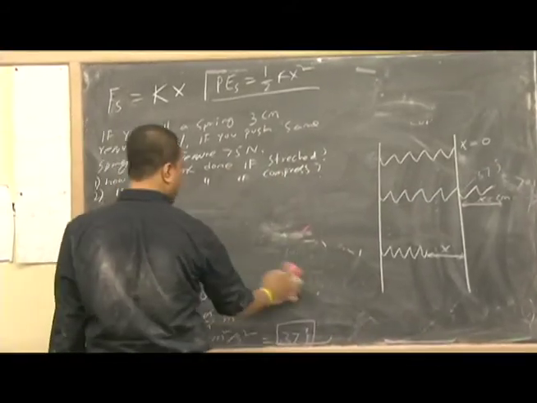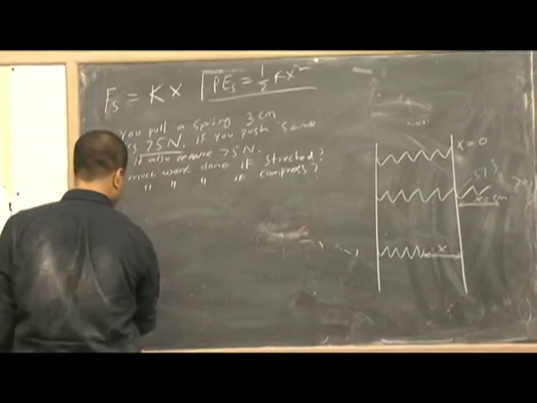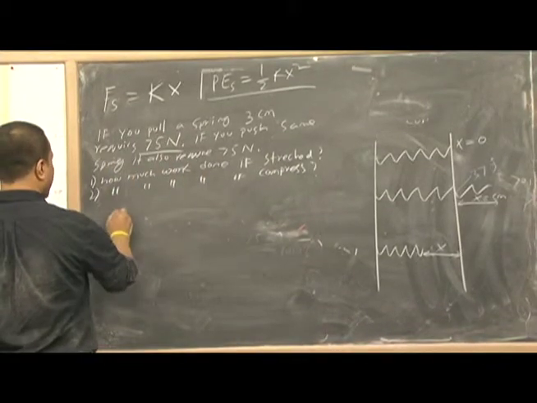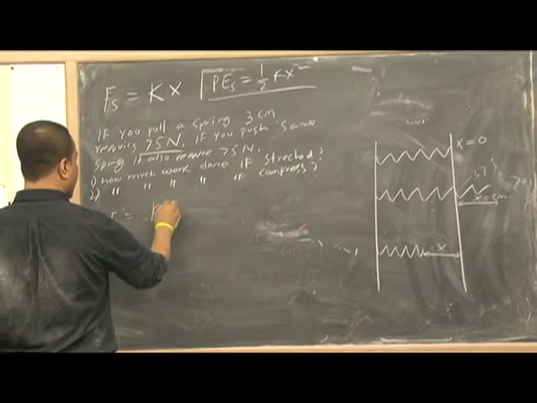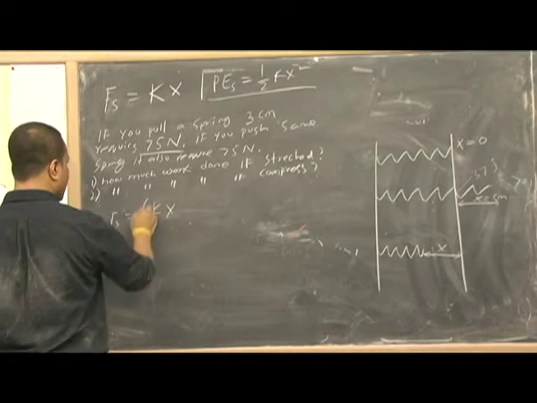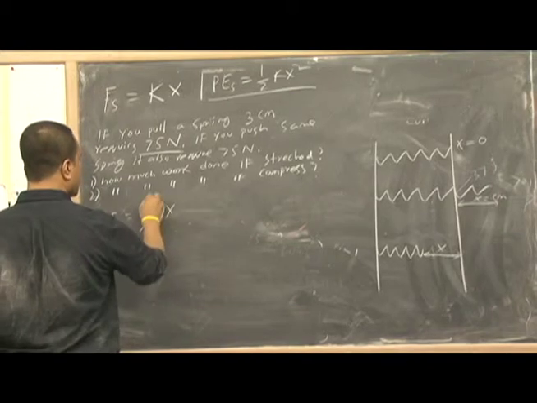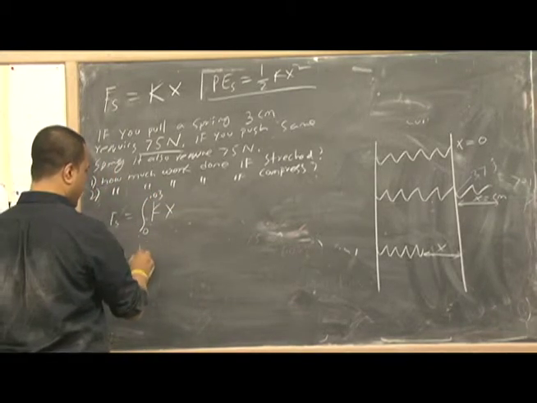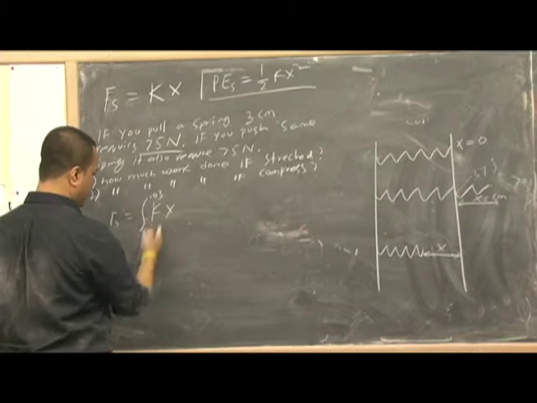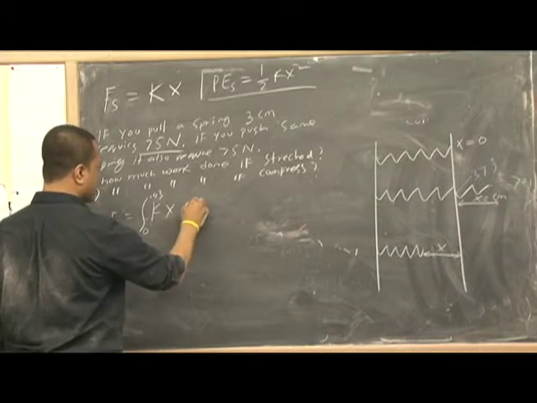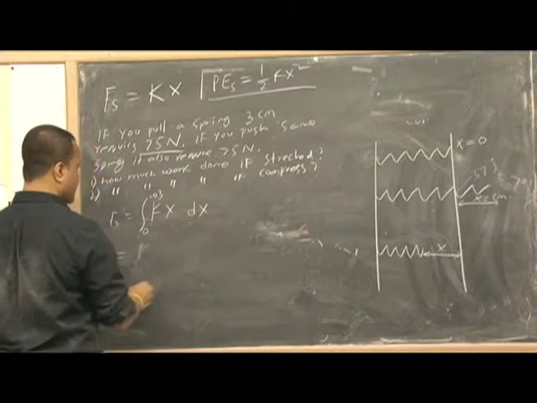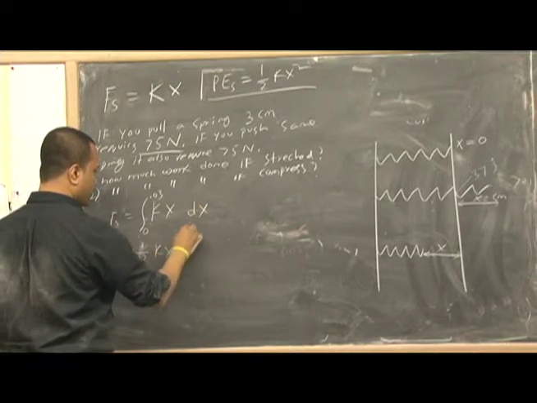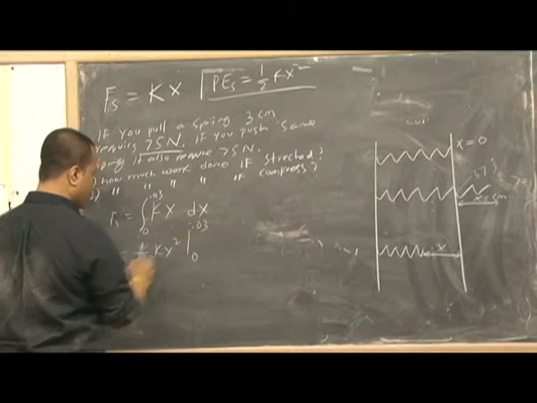So the force of the spring is kx, and then we're going to integrate it from 0 to 0.03, and then it's going to be half kx squared from 0 to 0.03.